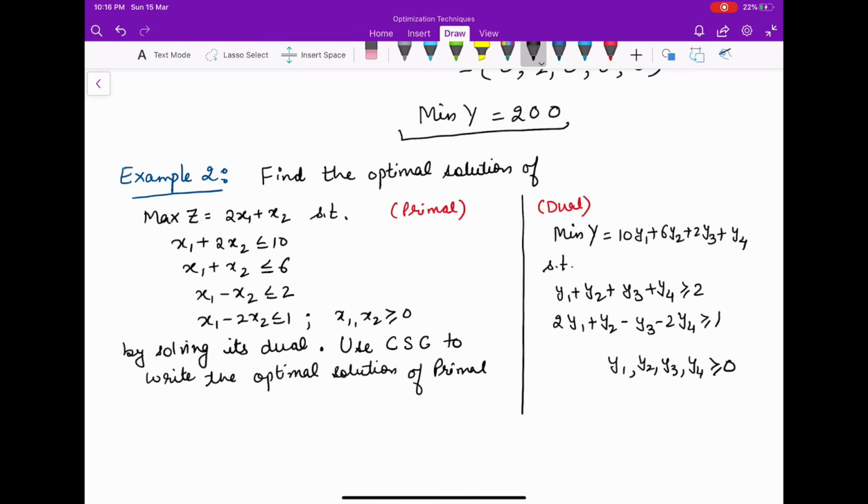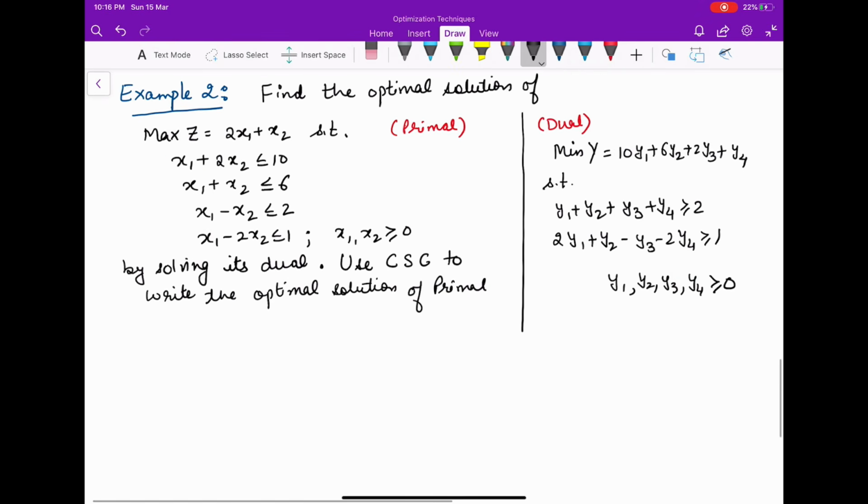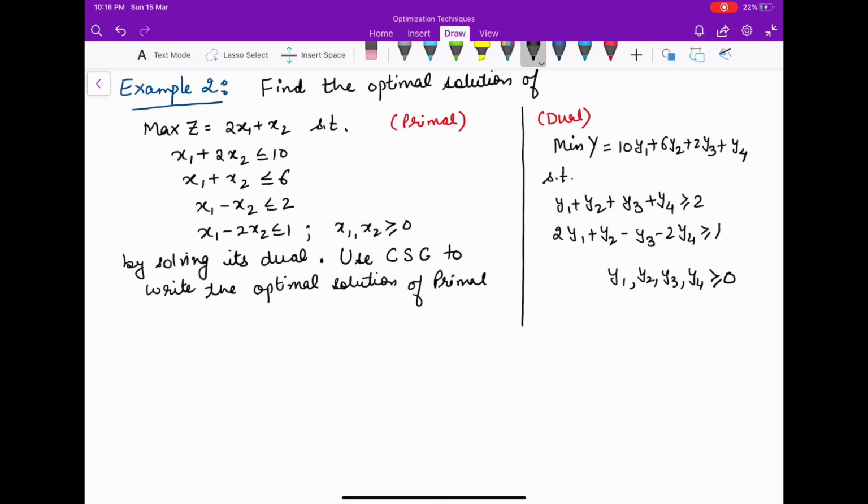Now because the question says that by solving its dual we want to write the solution of the primal, we will solve the dual, and to solve the dual we use the big M method.